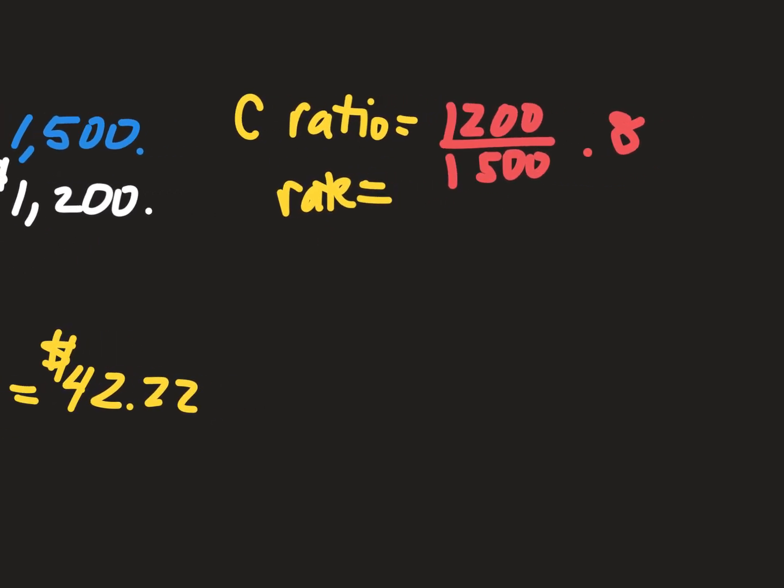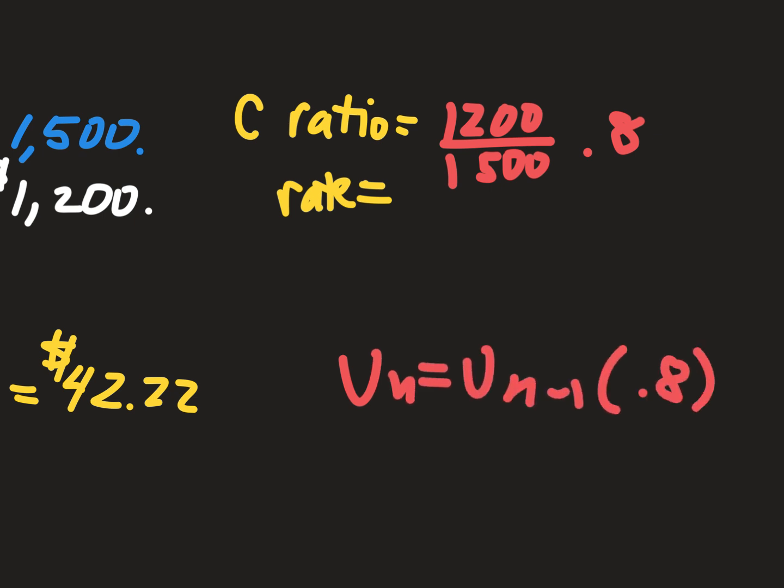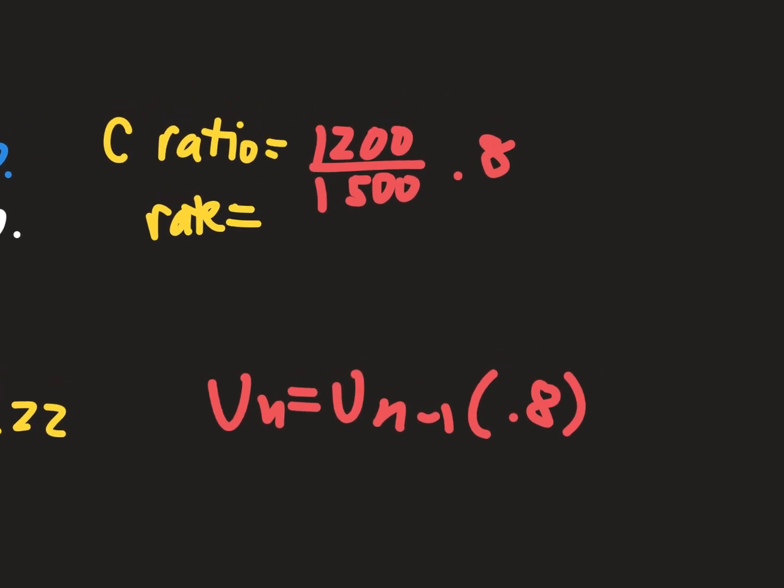So when you made your equation u_n equals u_(n-1), I bet most of you put 0.8 right there, and that's fine. But some of you listened to me before, and you were extra smart, and you put 1 minus 0.2. Now, I want you to think about why that would be an advantage. Because 0.8 is right. Why can't I just use 0.8?